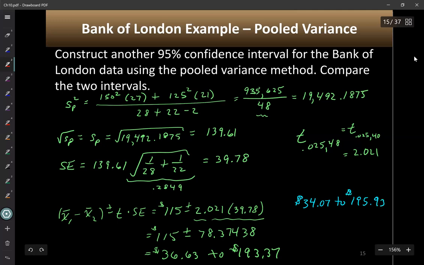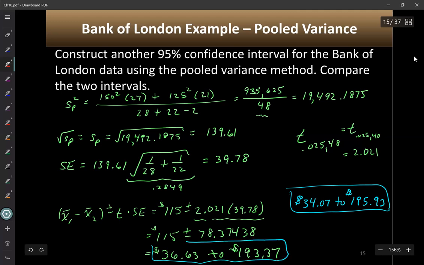We can compare that one to this one, and we can see that whenever we use the pooled variance method, this one here is more narrow than the one using the non-pooled. So what happens when we use the pooled variance method, we produce a more narrow confidence interval.